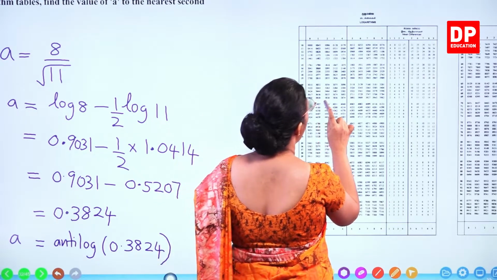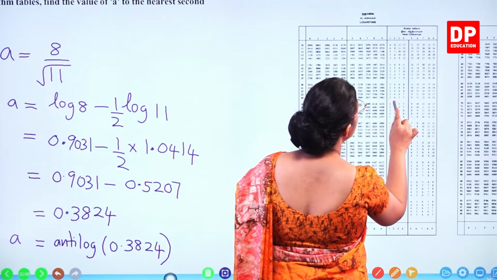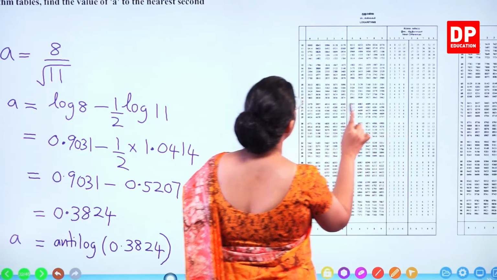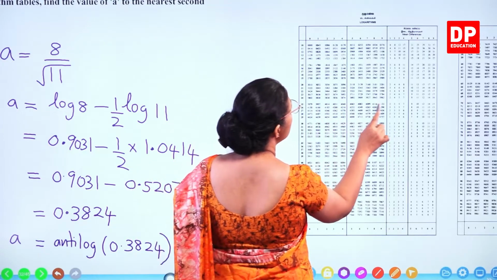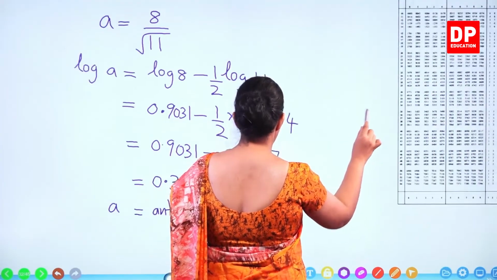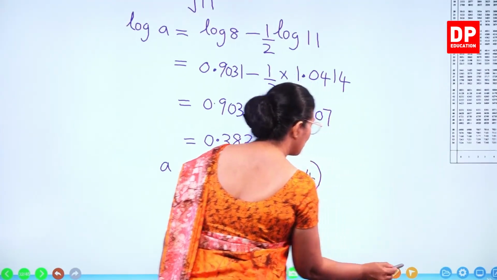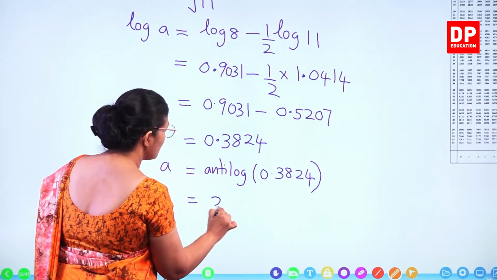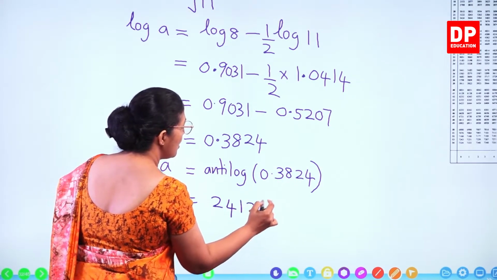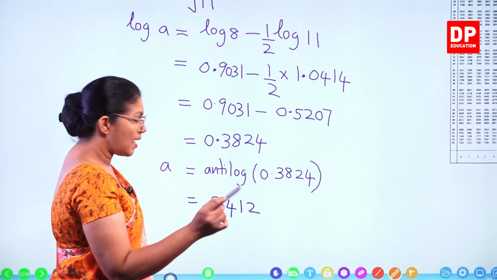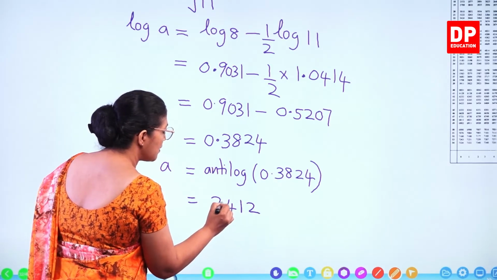So 24, 1. We need another 4. 24, 1, 2. But 0 is the mantissa, so that means you have to keep the decimal point here.